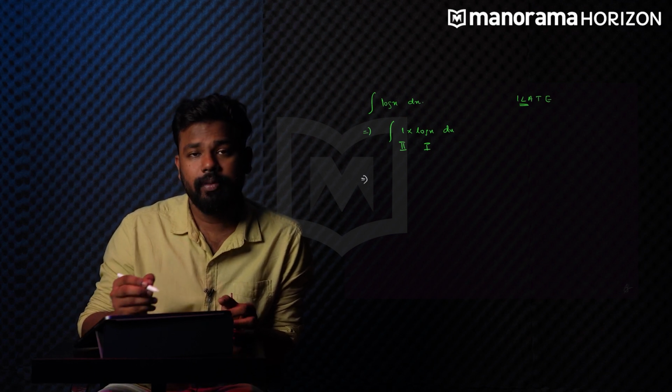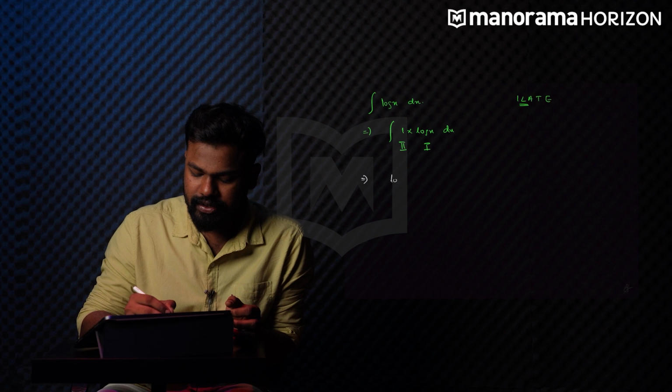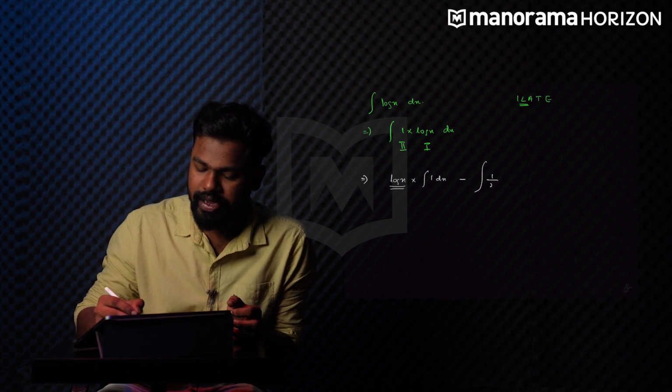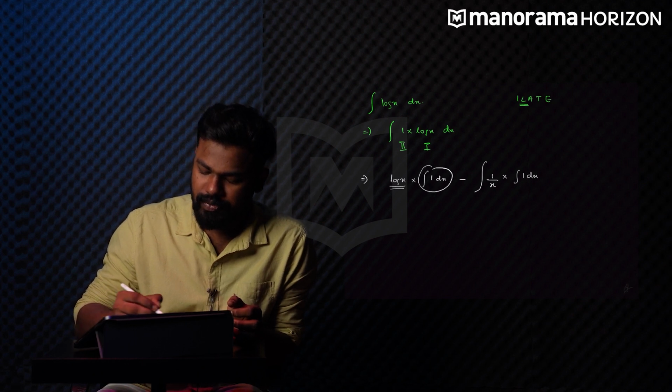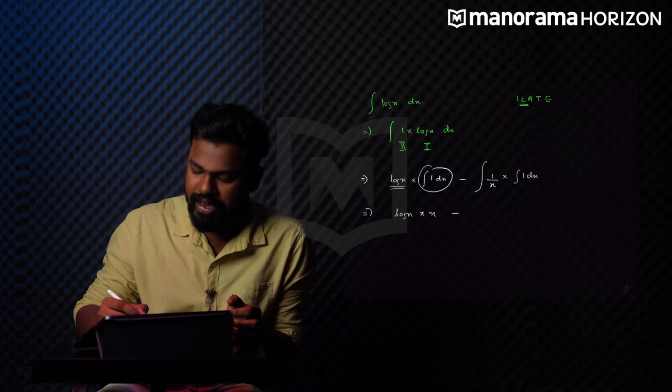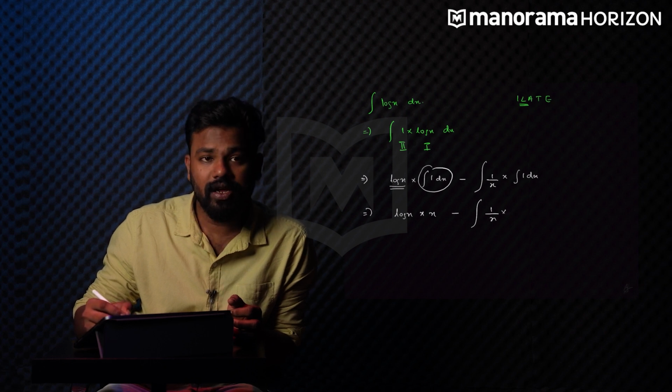Now, if I apply the by parts method, first function log x into, what is the integral of 1 dx, minus integral of, what is the derivative of log x? 1 by x, into the integral of 1 dx. Now, log x into, what is the integral of 1 dx? It is x. So, log x into x minus integral of 1 by x into, what is the integral of 1 dx? x.